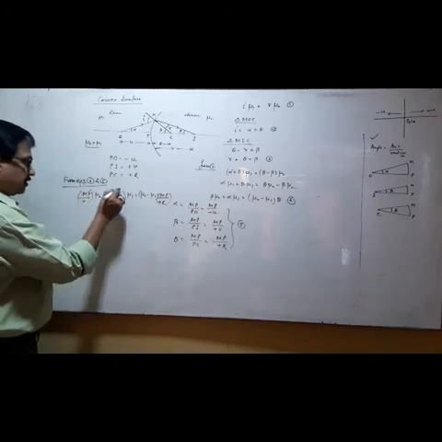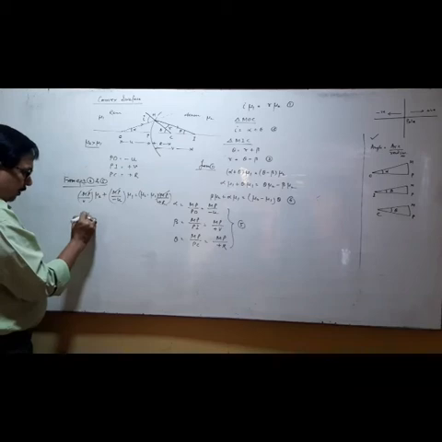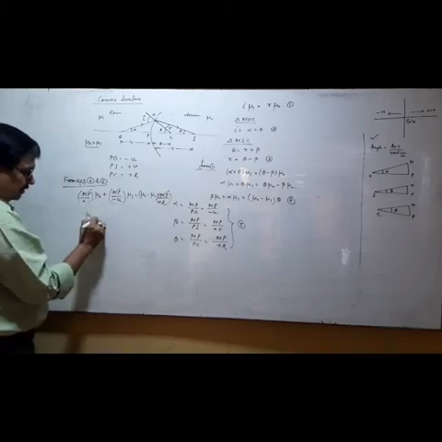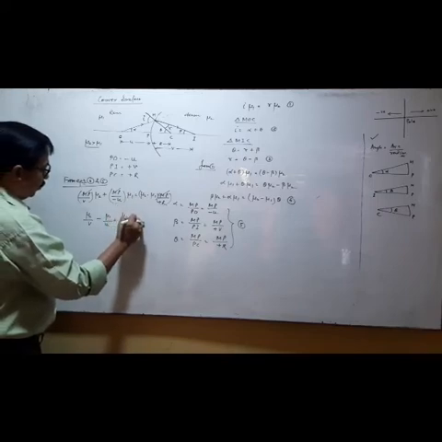So MP cancels on both sides, and simply arranging, this is mu 2 by v minus mu 1 by u is equal to mu 2 minus mu 1 by r.